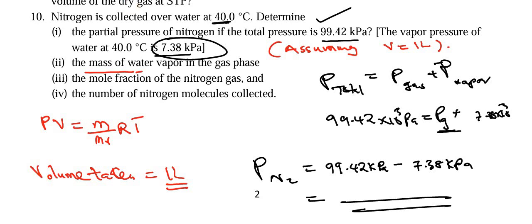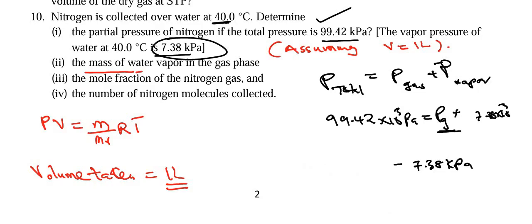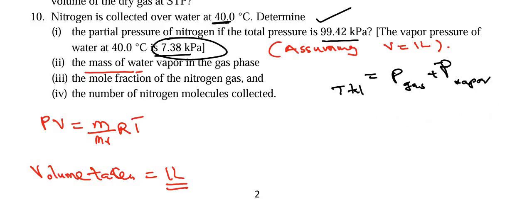Then from here, after we assume that, we can get the mole fraction of the nitrogen gas. Now mole fraction is the easier part. Mole fraction has no units, so you can actually get it using pressure. It's just like a ratio.